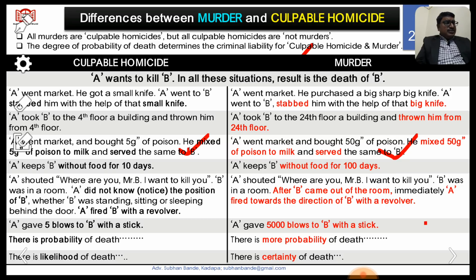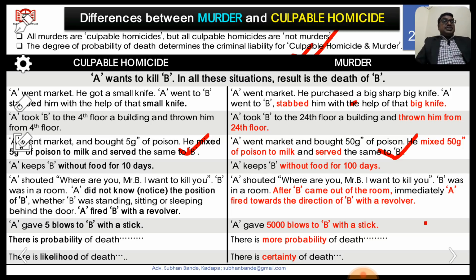If the medical expert says that 50 grams of poison is sufficient to cause the death of the person in the ordinary course of nature, then it becomes murder.